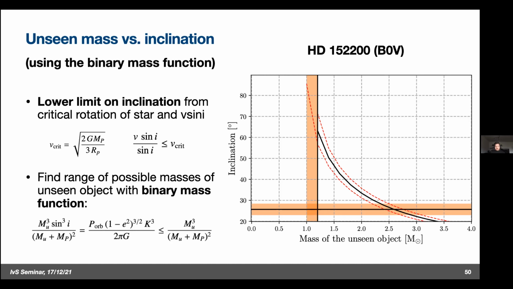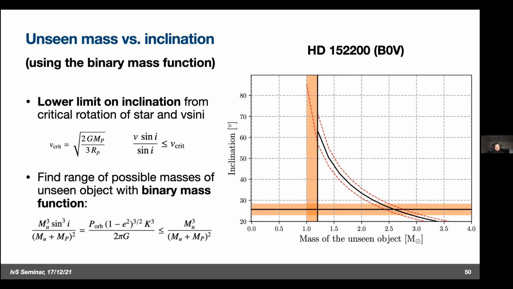Once we have this lower limit on the inclination, we can then find a range of possible masses of the unseen object with the binary mass function. We also input the measured orbital parameters that we have from the first paper and the mass and radius estimate of the visible star, and we can derive this range of possible masses.